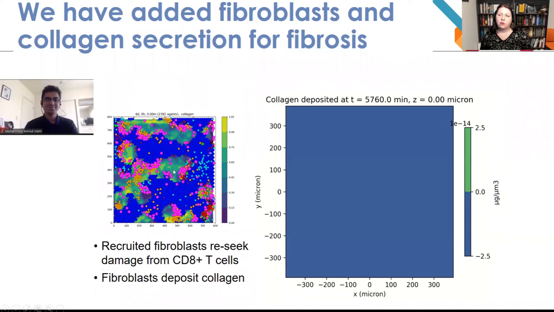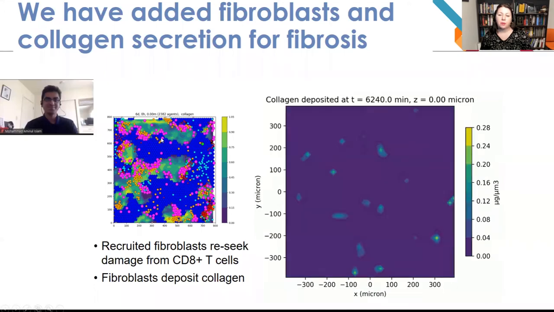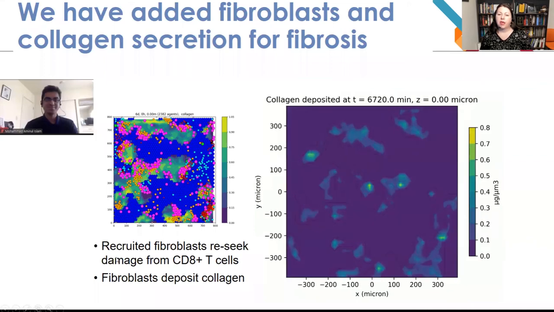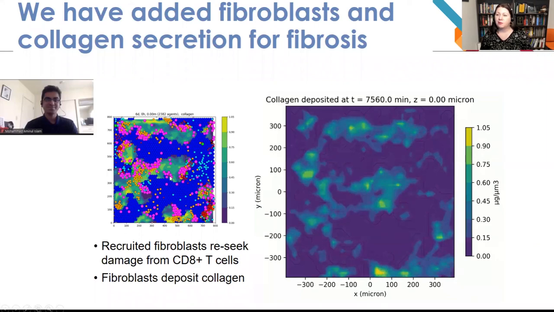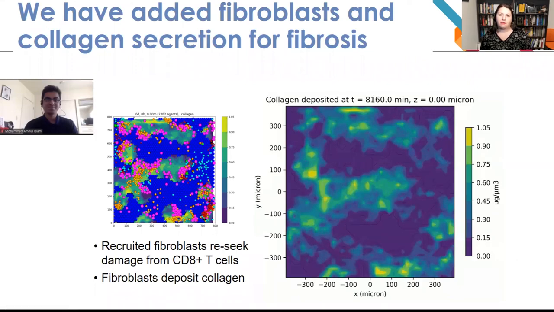We then have a secretion of an anti-inflammatory signal, just TGF-beta, and then the fibroblasts home toward that TGF-beta concentration and deposit collagen. And so the resulting collagen is filling in those white spaces and trying to reform and heal the tissue. Now, this can get dysregulated in inflammation where there's too much fibrosis, and scarring can happen, but that's much better than the situation of completely destroying the entire tissue that some of our other simulations have shown.